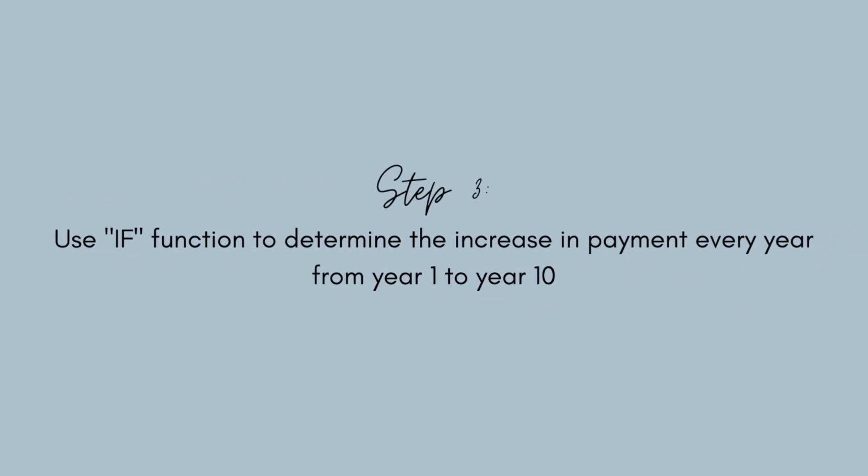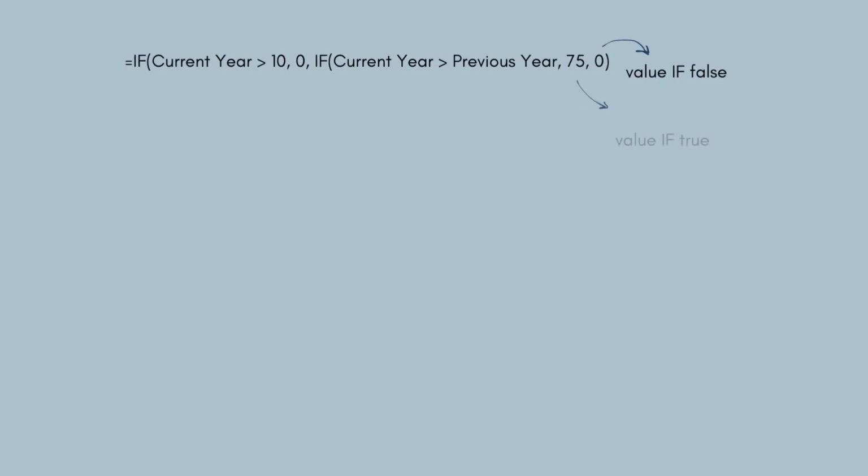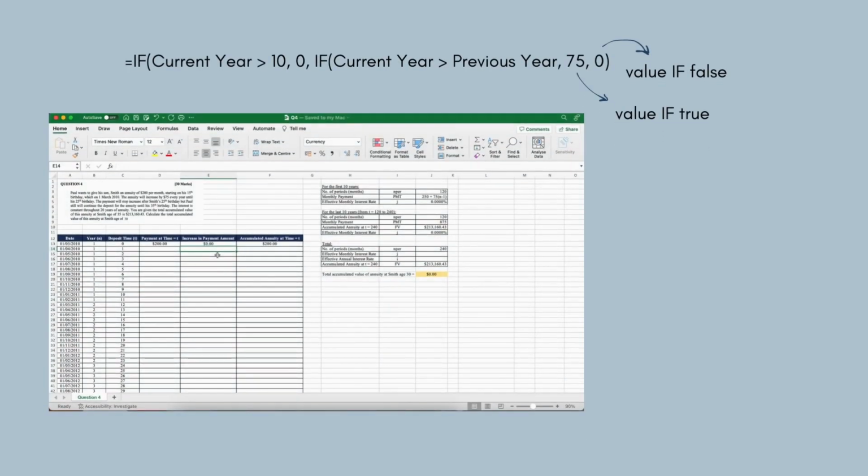So next, we have to use the if function to determine the increase in annuity payment per year from year 1 to year 10. So here we will select the cell, the increase in payment amount, and we'll put in the if function.